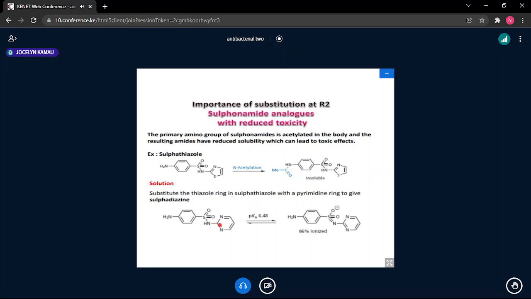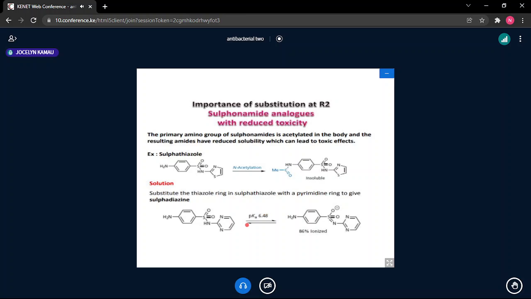And the two nitrogens have much higher electronegativity, much higher pull of electrons, and therefore you can see the pKa of sulfadiazine is 6.48, approaching the pH of urine, and therefore approaching 50% ionization.